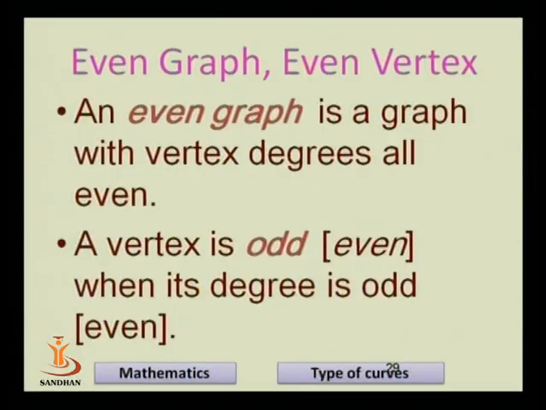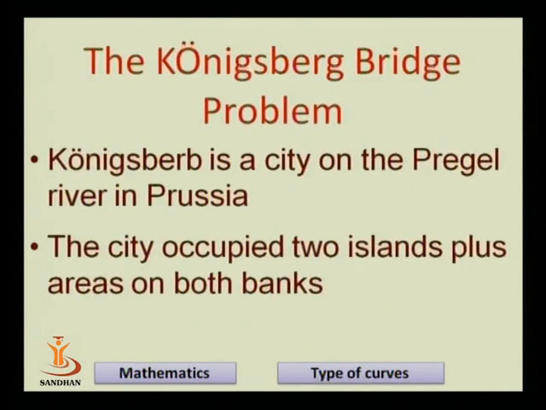A vertex is odd when its degree is odd. A vertex is even when its degree is even. Now there is a special well-known problem, the Königsberg Bridge problem. This problem was unsolved for a very long period.